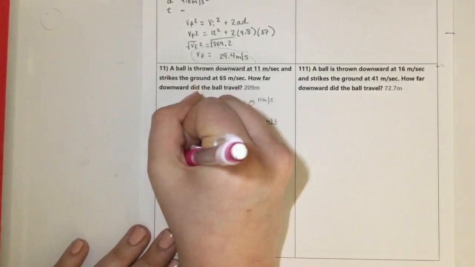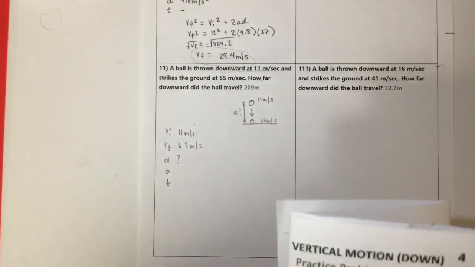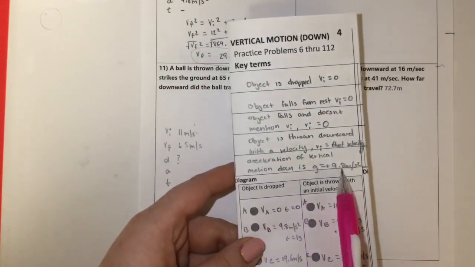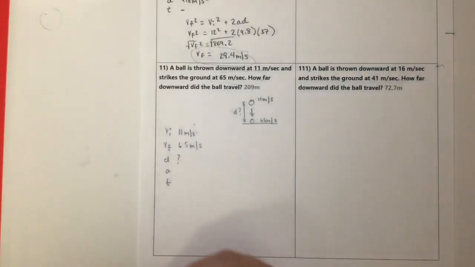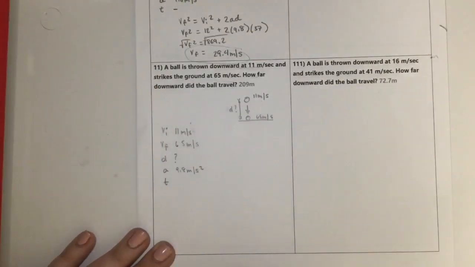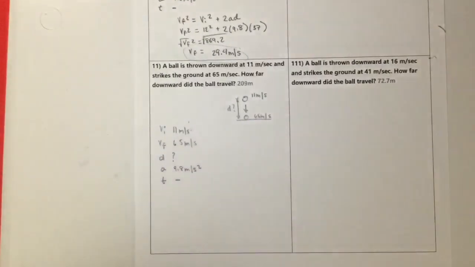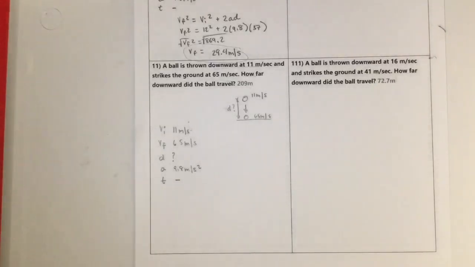Our distance is unknown. Once again, our acceleration of a vertical motion downward is 9.8 meters per second squared. And then the time is not necessary for this problem, so we're just going to put a dash there.